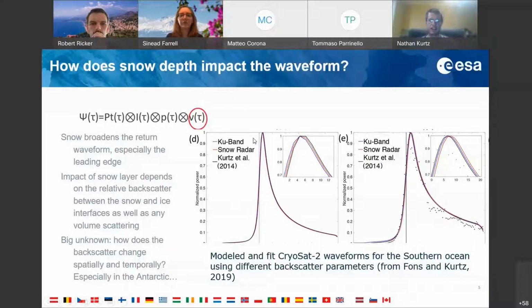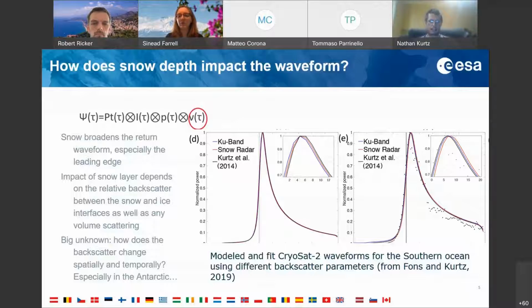The backscatter there was taken from two different IceBridge radars: the Ku band radar, which overlaps in frequency with CryoSat 2, and the IceBridge snow radar, which has a significantly lower frequency. And then the original estimates that I had used for the relative backscatter between the snow and the ice layer in the 2014 paper.